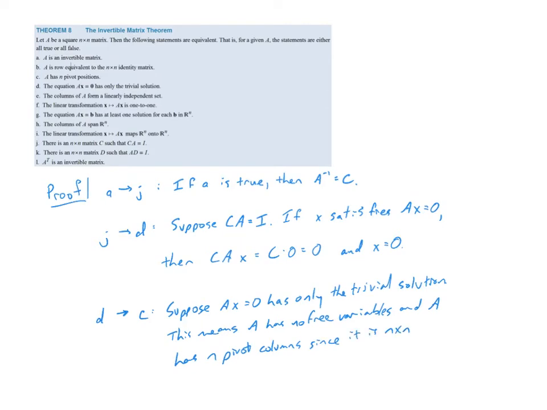That's what we're told right from the beginning, that it is an n by n square matrix. And that is the goal of that step of the proof. We have shown what we need to show, that A has n pivot positions.